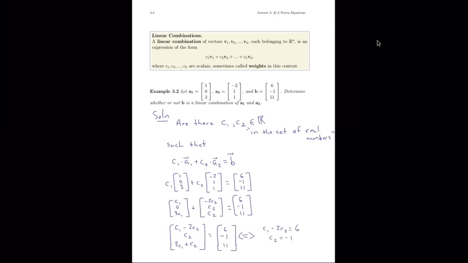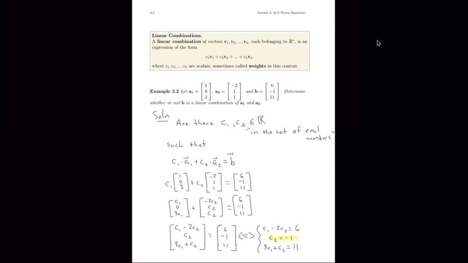So this is one way to go about determining whether or not C1 and C2 actually exist. It's solving this system of three equations in the two variables C1 and C2. There's another way to do this as well. We could take this system and rewrite it as a matrix, but I think we see a pretty easy out for this. We already have one of these variables.